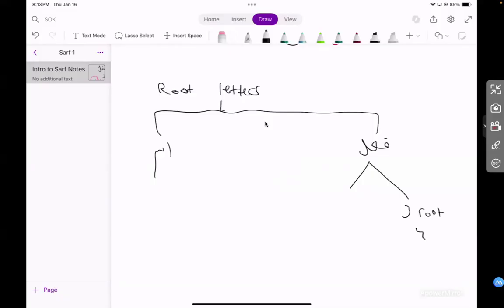When it comes to asma, you actually have three options: three, four, or even five in some cases. So when it comes to af'al, you can have three or four root letters, but you cannot have five. But with asma, or ism, you can have three, four, or five.